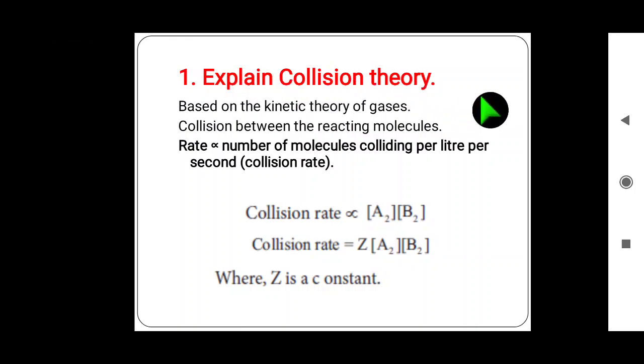Let us see the collision theory. Explain the collision theory. Point number 1: it is based on the kinetic theory of gases. It obeys only gases, not solids and liquids.